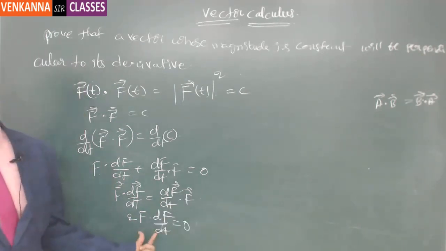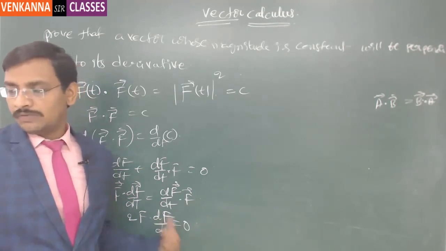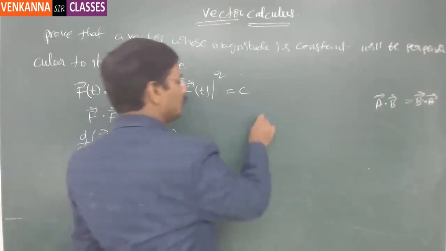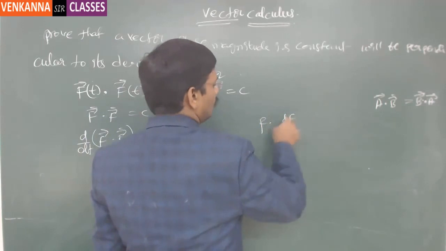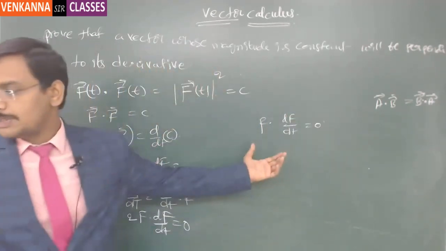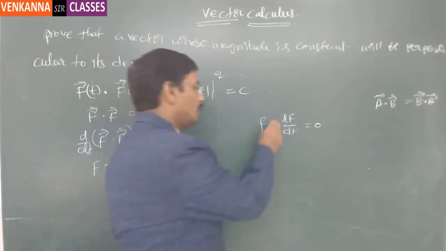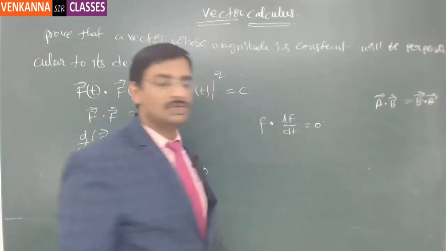Now both are vectors. This is the original vector and this is the derivative vector. Two different vectors whose dot product is equal to 0. The conclusion from this is that both are perpendicular to each other. Then only will the dot product result in a 0 magnitude.